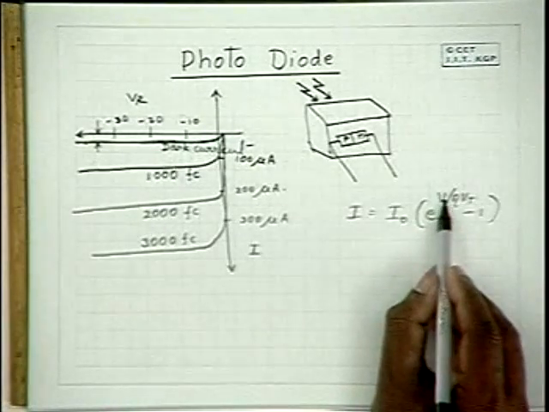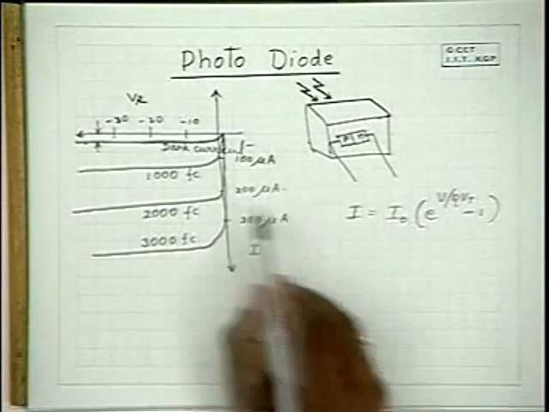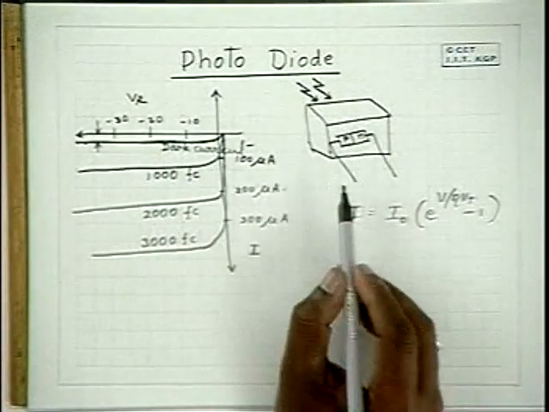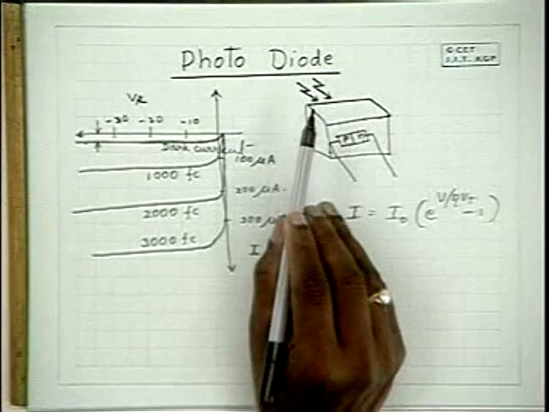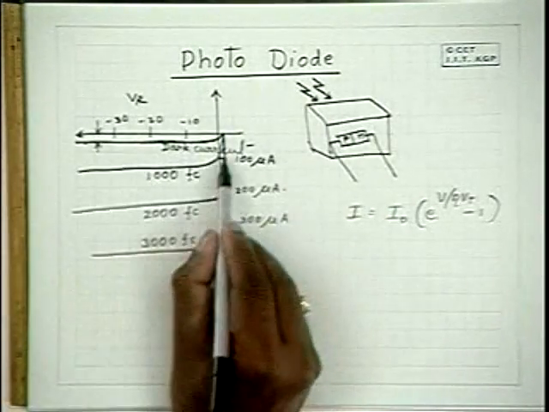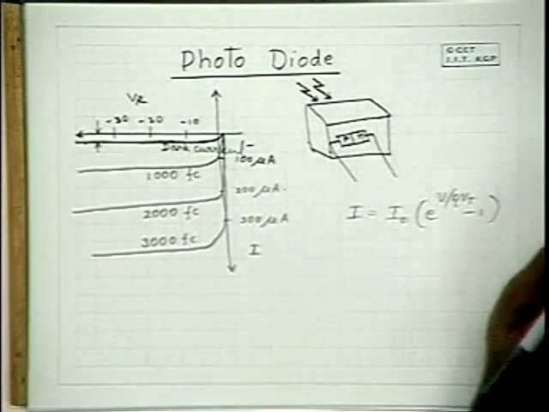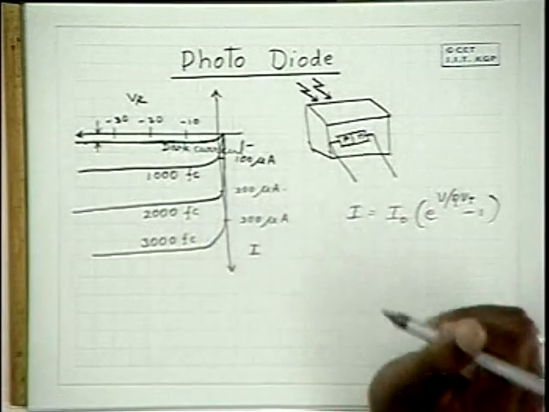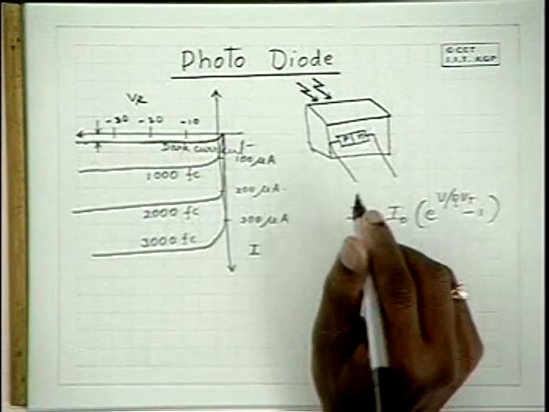When the reverse voltage is less, of course, the current would be less than I0, and this is how the characteristic goes. Now, with light impinging on the junction, the characteristic goes like this. So that's how the characteristic is.